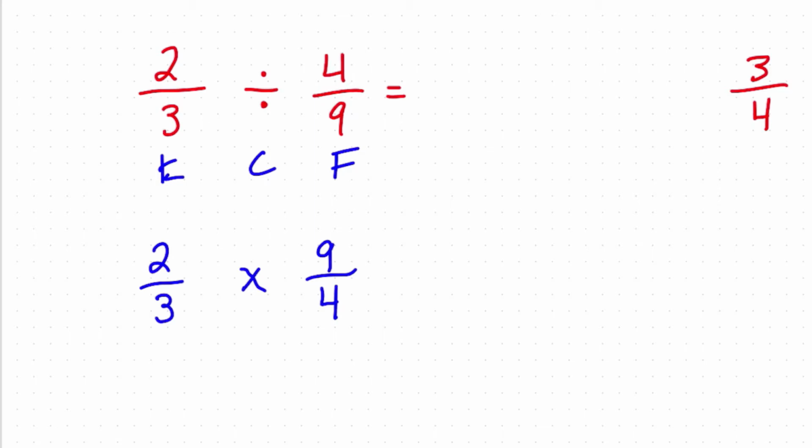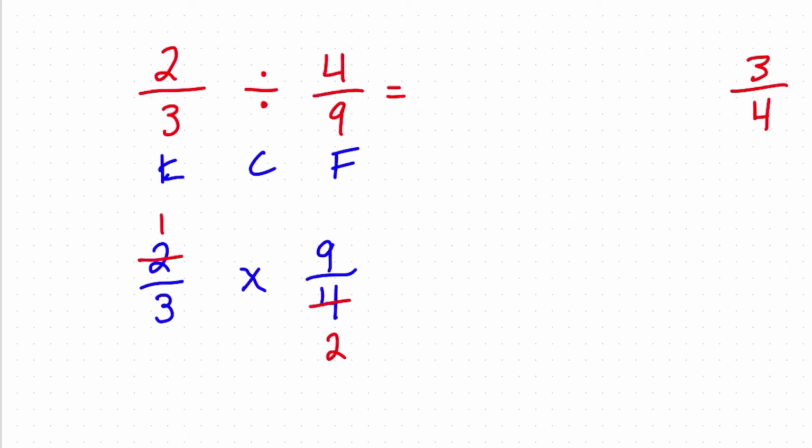Let's look at 2 and 4 first, and cancel those. I can see that I can divide both of those by 2. So I'm going to cross that out. I'm going to use a different color here, so let's go back to red. That's going to become 1, and this is going to become 2.